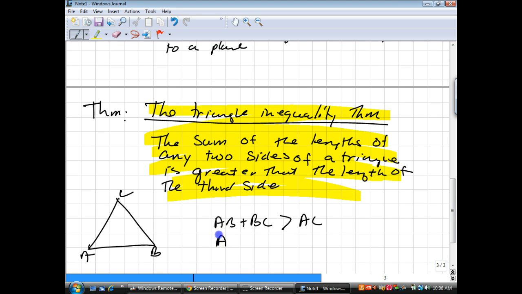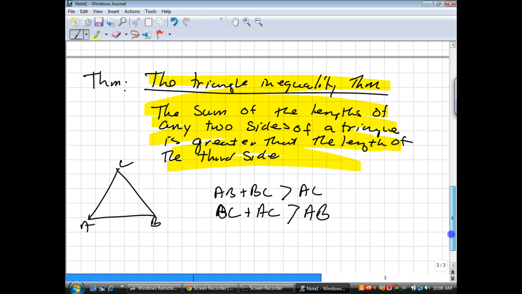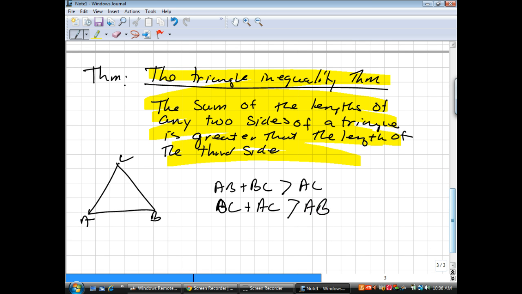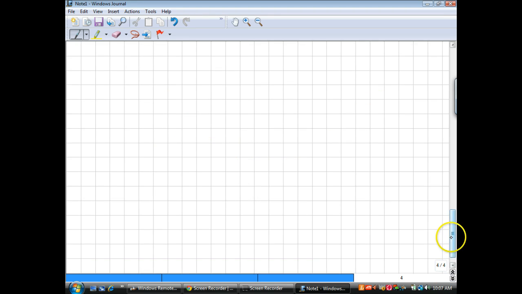So BC plus AC has to be greater than AB, and AC plus AB has to be greater than BC. And this is used to determine whether three lengths can form a triangle. It's one of the ways that we check it.